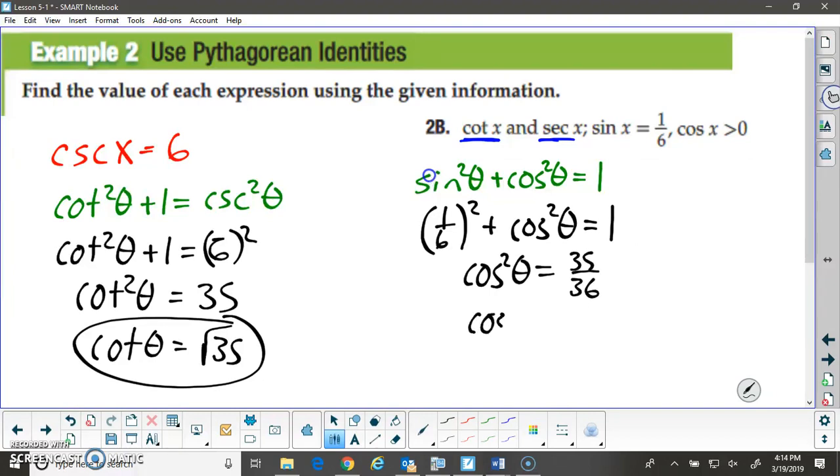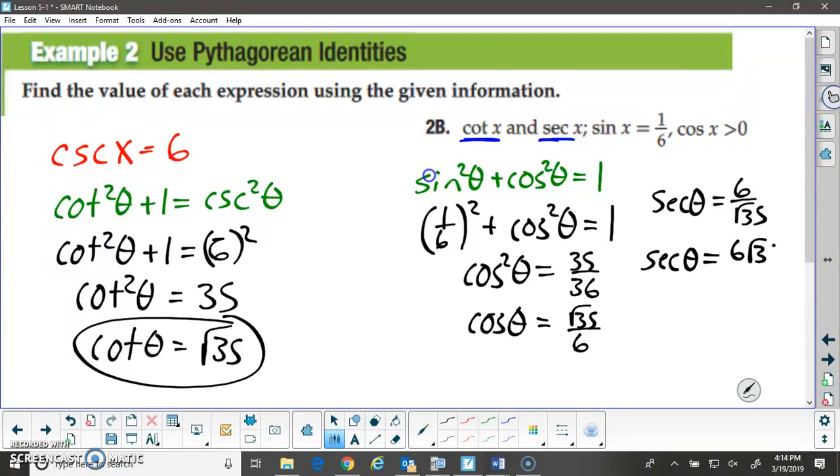If we square root both sides, we'll get the square root of 35 over 6, which means that the secant value should be the reciprocal of that. So if we rationalize that, we get 6 square root of 35 over 35. So there's your secant and your cotangent.